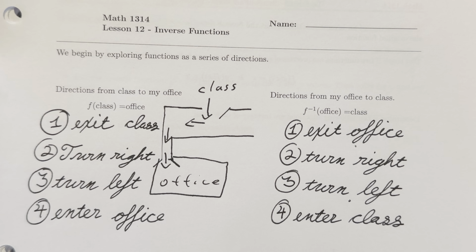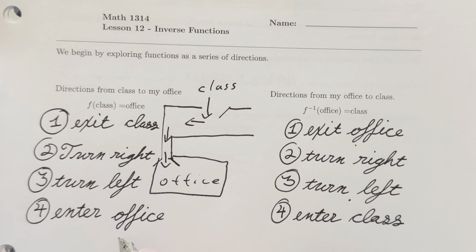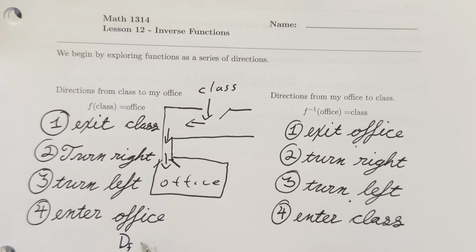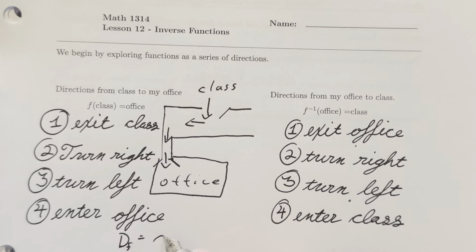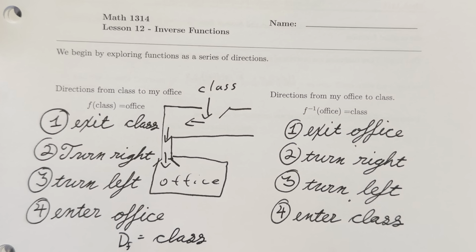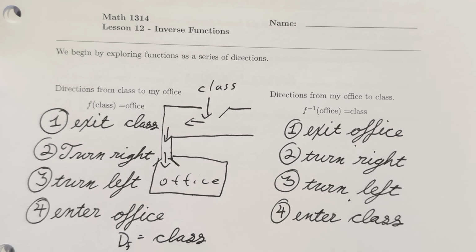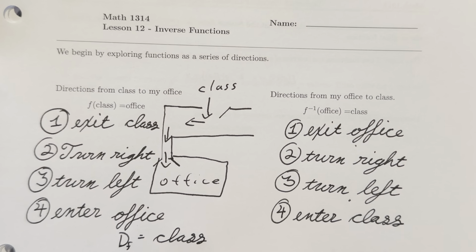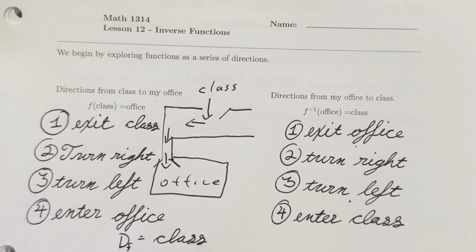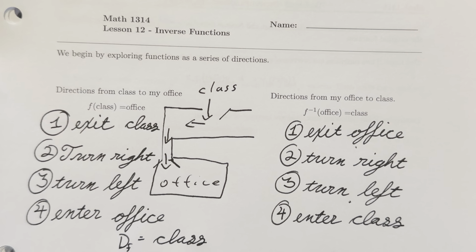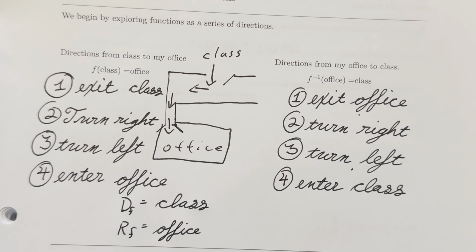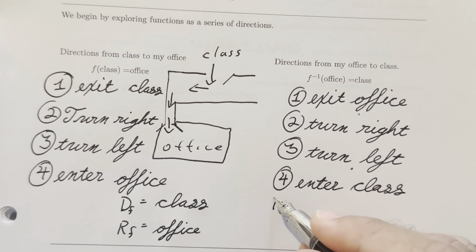And let's look at this in a little bit more detail. What is the domain of the original function? Well, the domain of the original function is just one item, the class. And the range of the original function is the office, right? Because that is the only output for this function. Now let's look at the domain of the inverse.